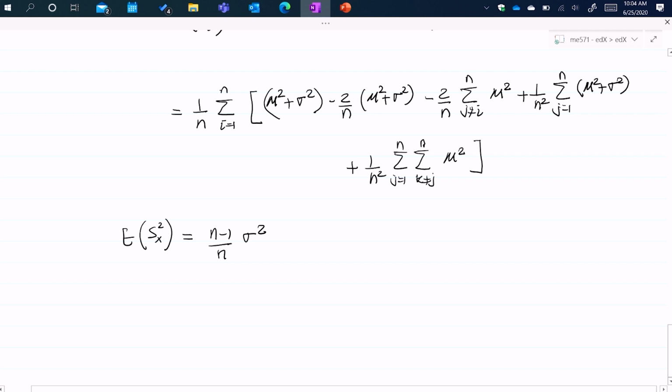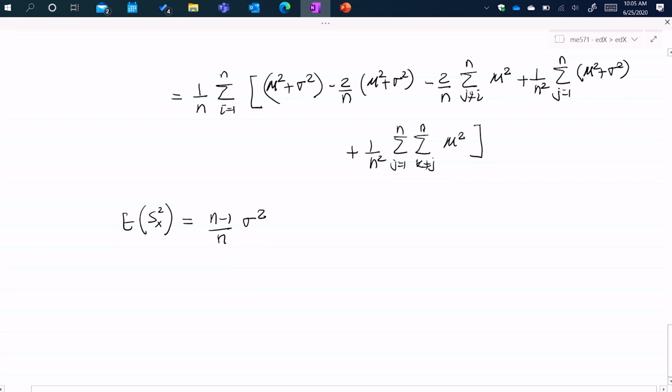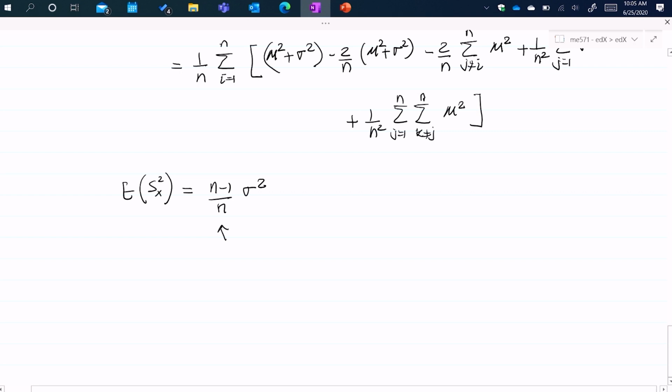What this means is that our estimate of the variance that we calculated from the sample differs from the variance that you would have from the population by this n minus 1 over n factor. So this is really what we would call a bias in our estimate.